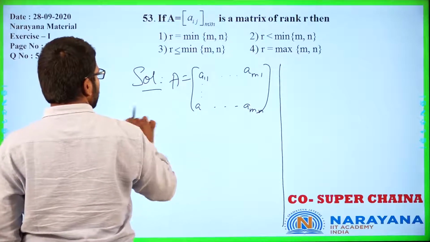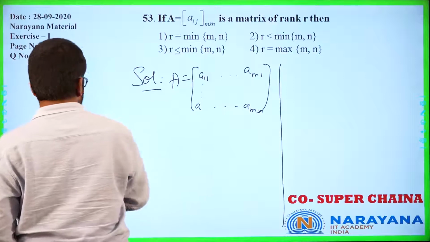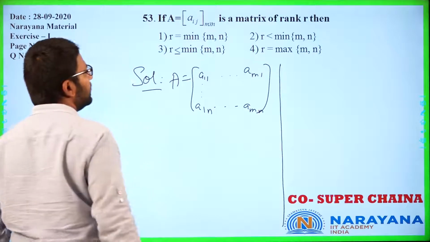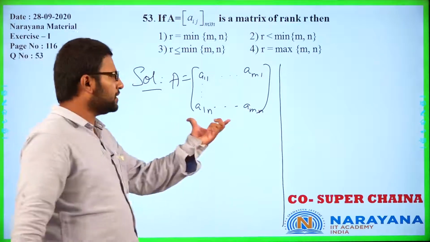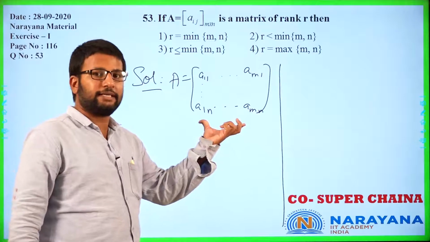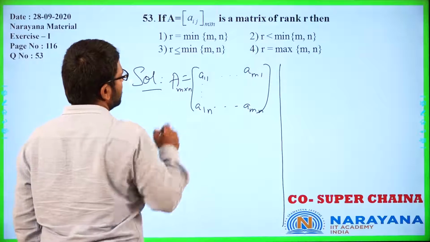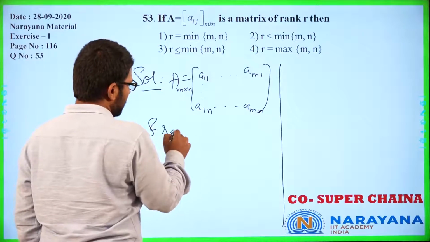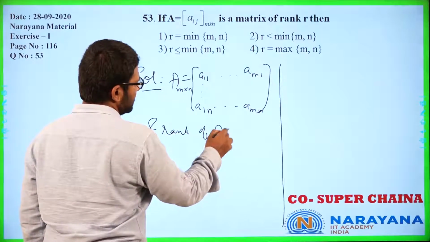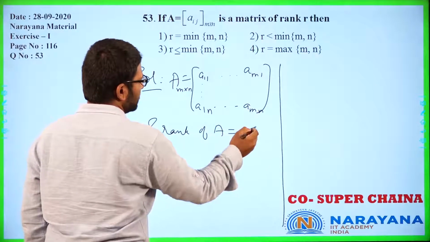This is A1N. So clearly this is not a square matrix, it is a rectangular matrix. And so this is A M cross N, and rank of A is R.